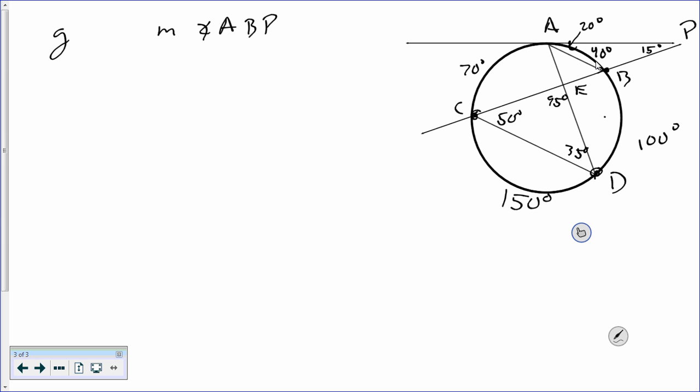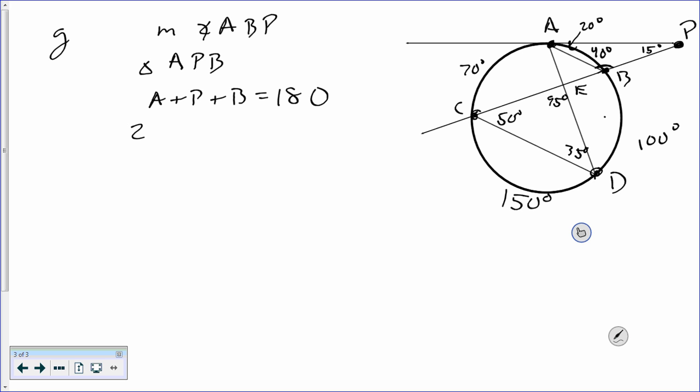So ABP. Where's ABP? Oh, ABP is this guy right here. Which again, not too difficult once we know some of the other things. There's more than one way to solve this, but the easiest way is I have triangle A, P, B. Well, I know A plus P plus B equals 180.